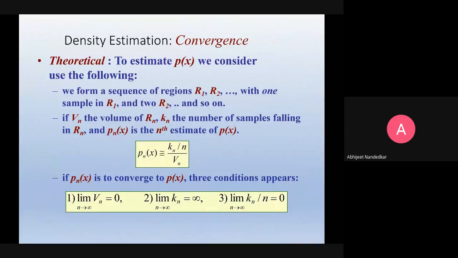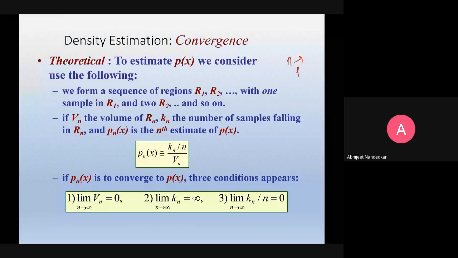Theoretically, what we can do is take some small region R1, and form a sequence of regions R1, R2, and so on, with one sample in R1, two samples in R2, three samples in R3, and so on, then n samples in Rn.